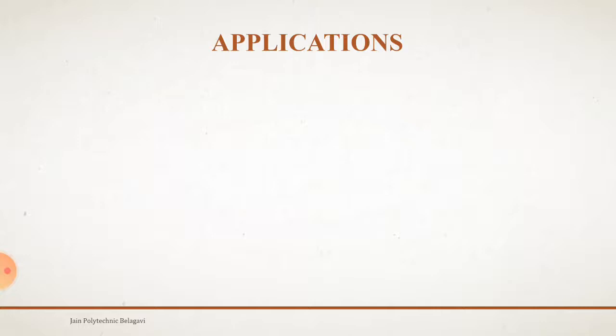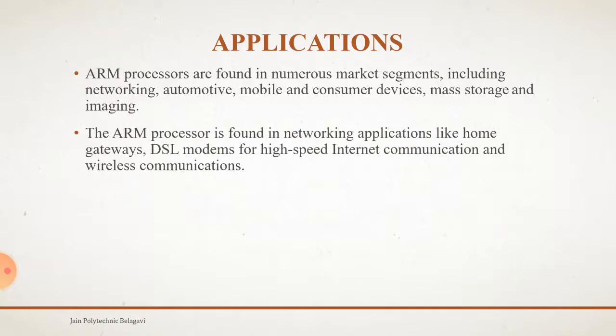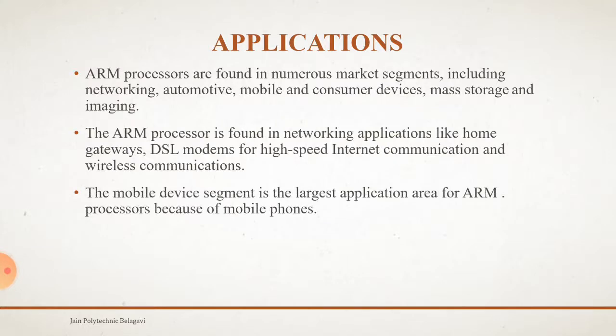Next, we'll see what are the applications of ARM controller. ARM processors are found in numerous market segments including networking, automotive, mobile and consumer devices, mass storage and imaging. The ARM processor is found in networking applications like home gateways, DSL modems, for high-speed internet communication and wireless communication.